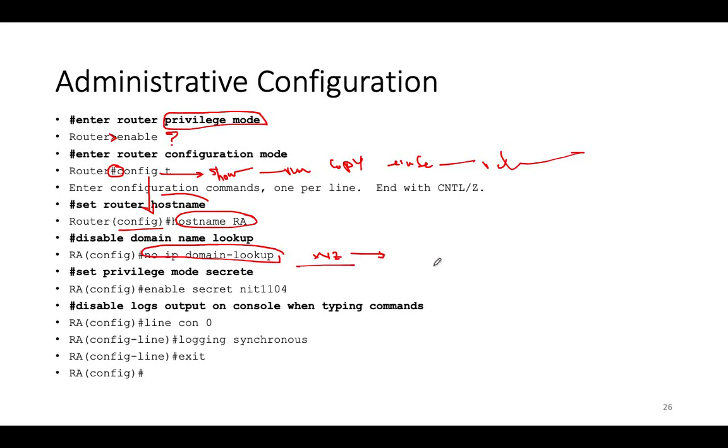For how long? Around 90 seconds. So your command line will freeze for around 90 seconds, and you will not be able to do anything at all. To avoid that, what to do exactly? Type that command: no ip domain-lookup, which means I have disabled the domain name lookup. So if I mistype anything, it's going to give you an error and you keep going right away, no problem.